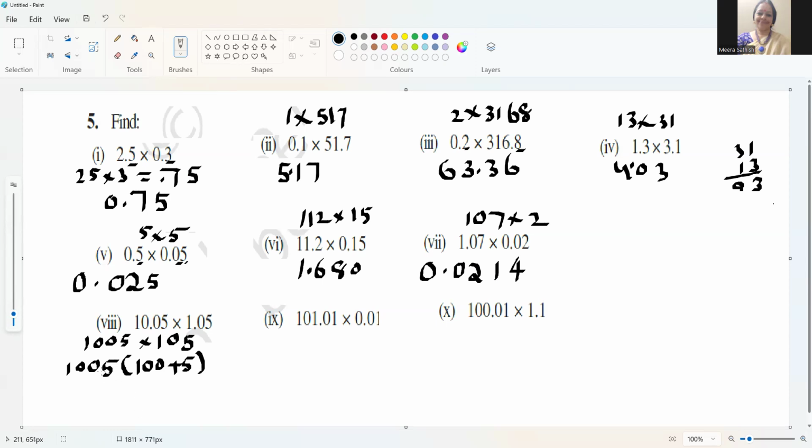Or 1000 plus 5 into 105. Anyway, you can do. So 1005 into 100, what will be? 100500. Plus 1005 into 5, that you multiply. 5 5s are 25. 5025.